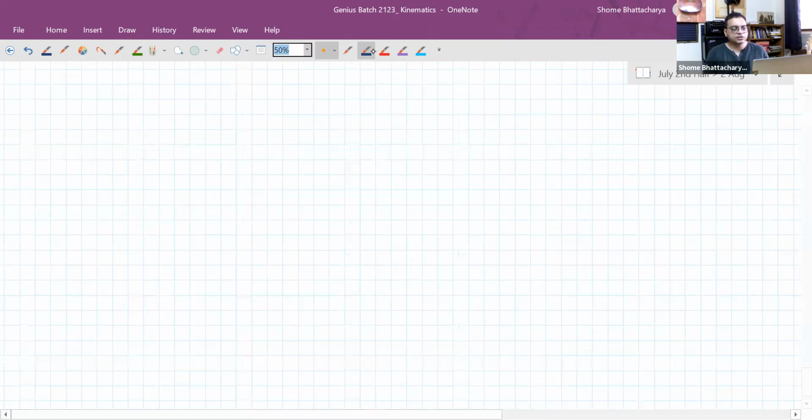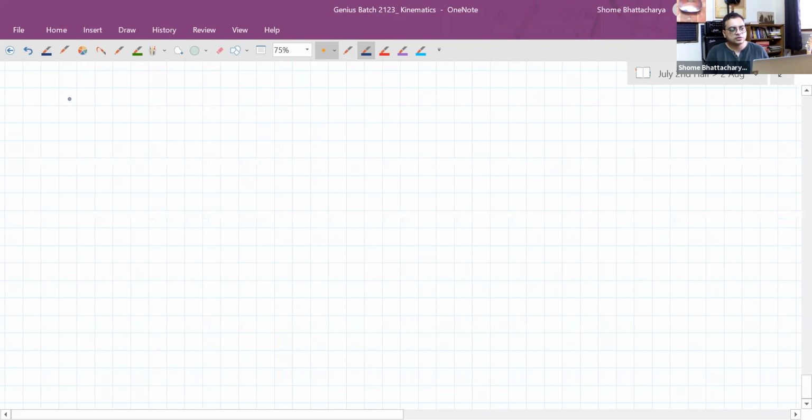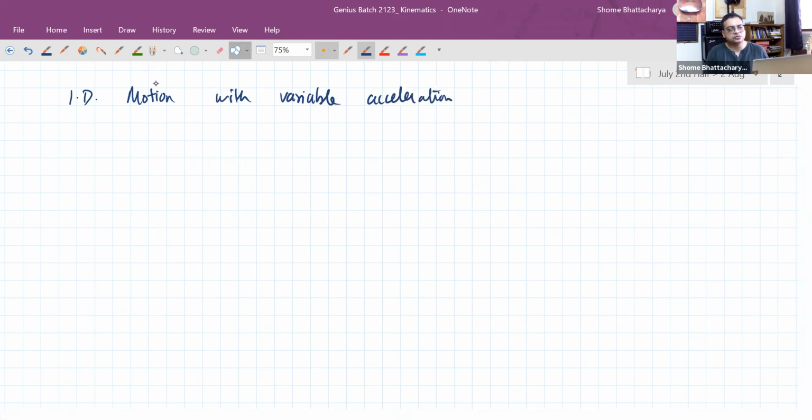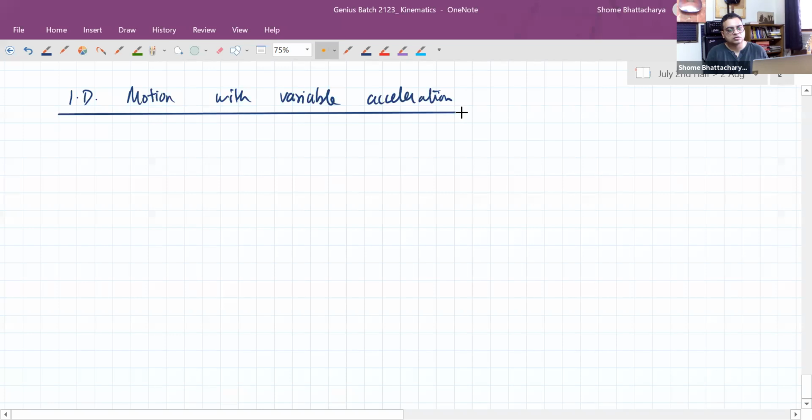So now that we are done with vertical motion, we will look at 1D motion with variable acceleration. So the moment the acceleration is variable, we cannot use the standard equations anymore. What we have to use is calculus.